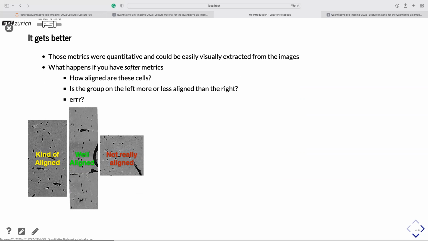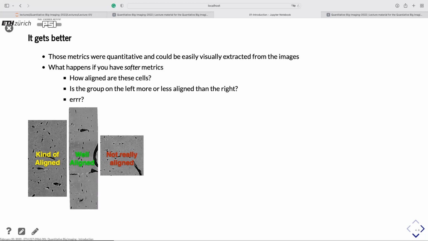On this slide, you have the option kind of aligned. Some are going in that direction, maybe. Then there are some going in that direction. And then you have well aligned. These items here are pretty straight oriented. And then you can have not really aligned. And that's just chaotic randomness.